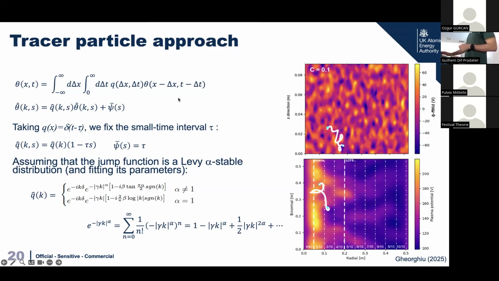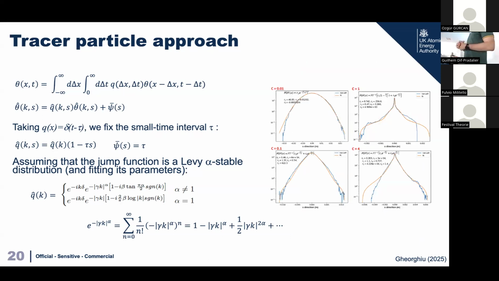What we did then was to try to fit these jump functions with known expressions, and we did this in Fourier space. Now, for lack of time, I will just skip this, but fundamentally, we were looking at how to transform the jump function to Fourier space and then comparing these with our simulations.